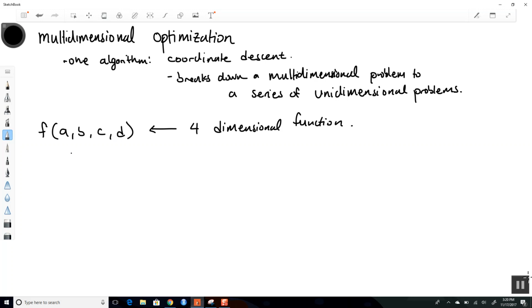And basically, each iteration will have k substeps, k being the dimensions of the function. So in this case, we will have 4 substeps.